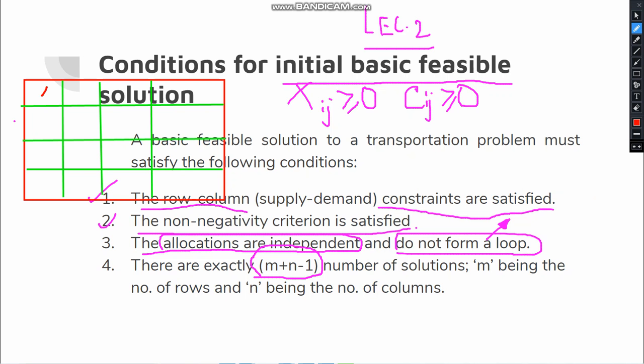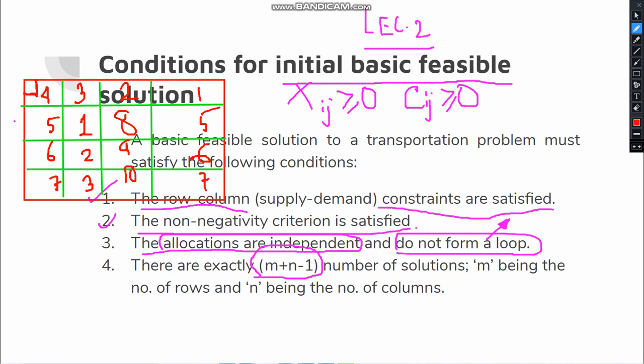Say this is 4, this is 3, this is 2, this is 1, 5, 6, 7, whatever you wish, 9, 10, 1, 2, 3, 5. So I have just designed a transportation problem. Let us see, there are some allocations here.